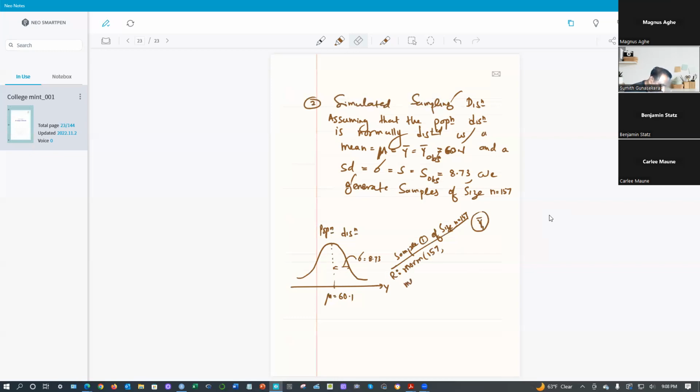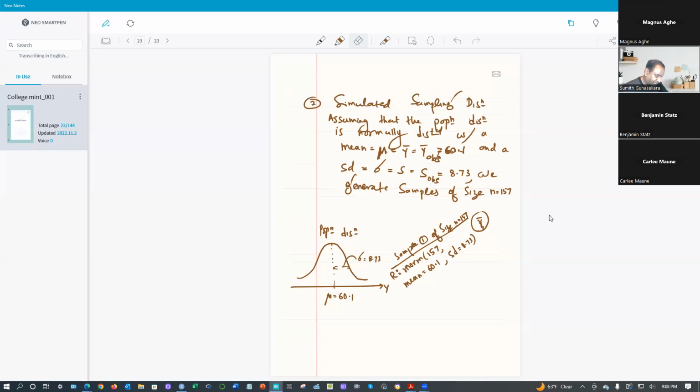How do you get the mean? The thumb length mean is 60.1, and the standard deviation is 8.73. That's how you do it. R norm, R stands for random numbers, and norm means normal distribution.